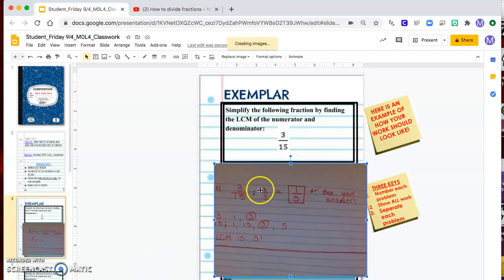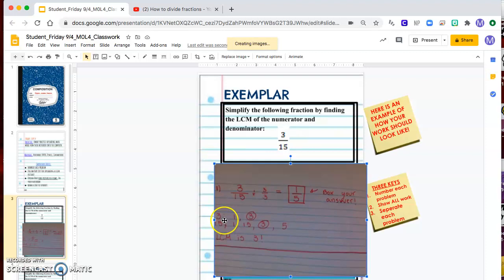What I did was I took 3/15 and I want to simplify it. Simplifying it means that you have to divide by the least common multiple between the numerator 3 and the denominator 15. Now, what if you're not sure what is the least common multiple, right? So the least common multiple is the smallest multiple that both numbers have in common other than 1.